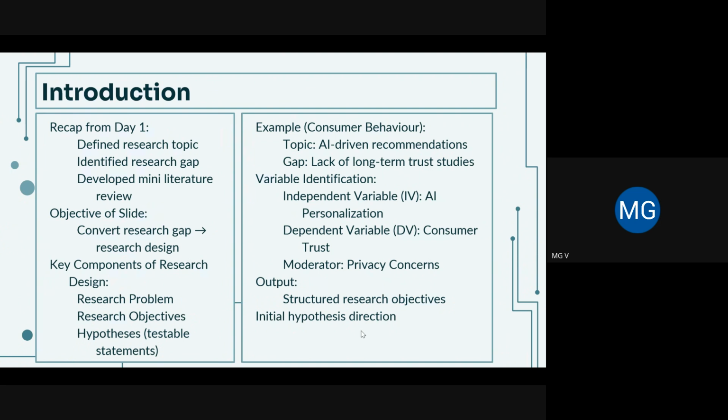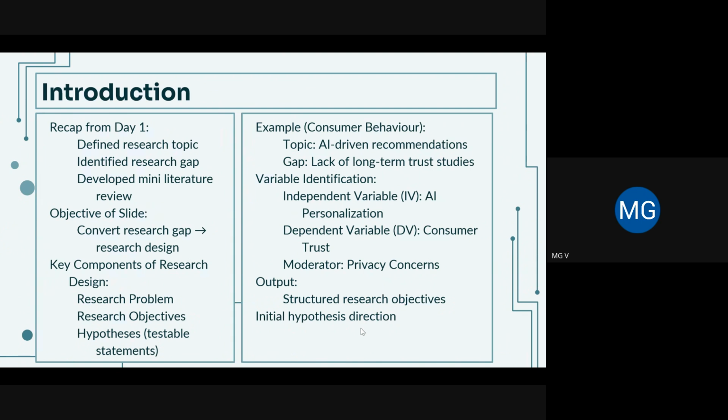This involves defining the research problem, developing clear objectives, and identifying variables that can be empirically tested. For example, AI personalization can be treated as the independent variable, consumer trust as the DV, dependent variable, and privacy concerns as a moderating factor. This is an example to understand. You can replace these variables with yours.